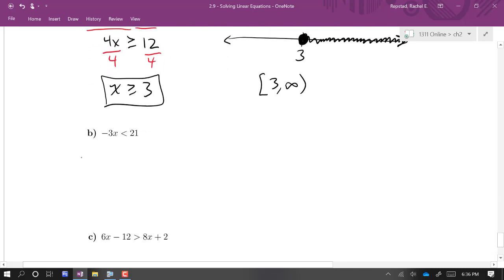Next, -3x less than 21. There's only one step that we need to take to solve this, and that is divide by -3. That'll get x by itself. But I've got to be careful here. I'm dividing by a negative, so that means I have to flip that inequality sign.